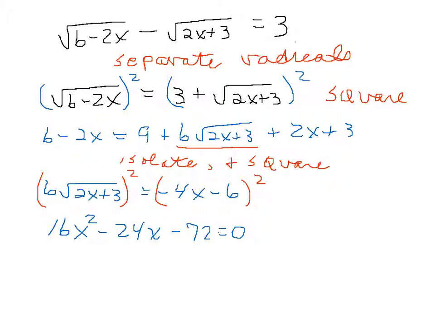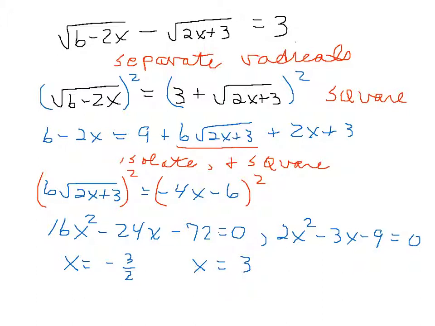We can divide both sides by 8, and we come down to 2x squared minus 3x minus 9 is equal to 0. And the solutions here are x is equal to minus 3 halves and x is equal to 3.